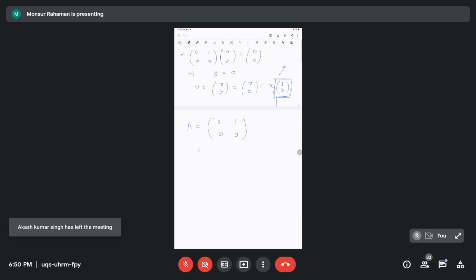Obviously 2 and 3 are the two eigenvalues, and because they are different, for 2 you will have one eigenvector, and for 3 you will have another eigenvector. Corresponding to two different eigenvalues, they are always independent. So A is a 2 by 2 matrix, and you find two independent eigenvectors. So A will be diagonalizable.